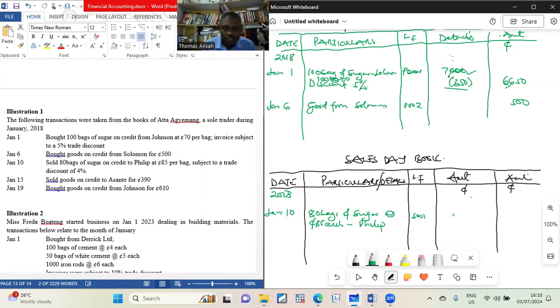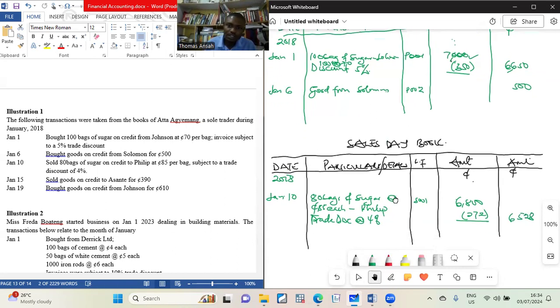So is there discount? Yes. So 6,800. Then you have trade discount. Discount at 4%. It means if you do that amount multiplied by 4%, you have 272. And the amount minus this gives me 6,528.